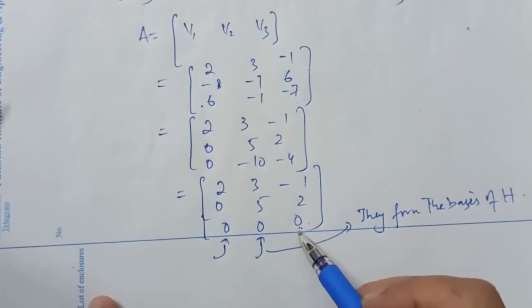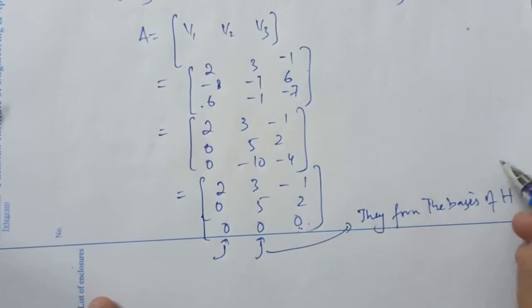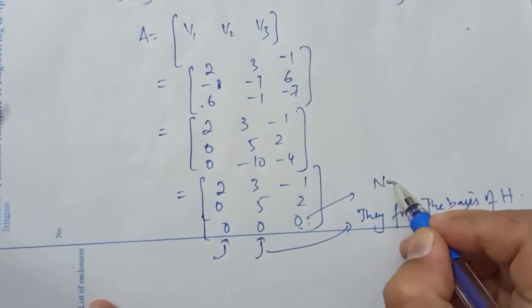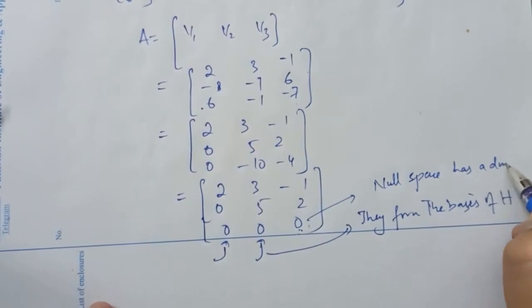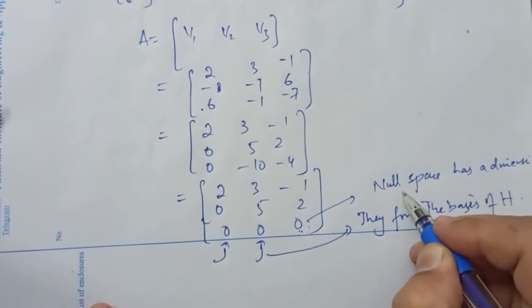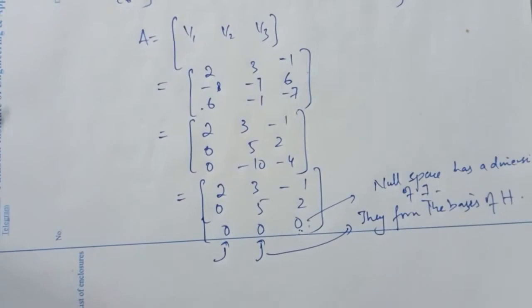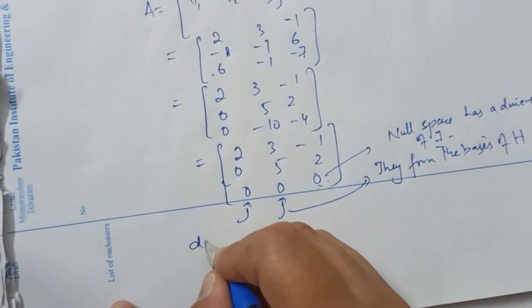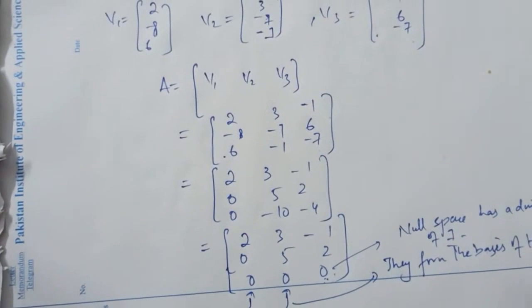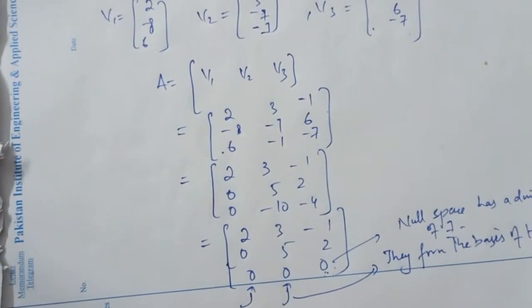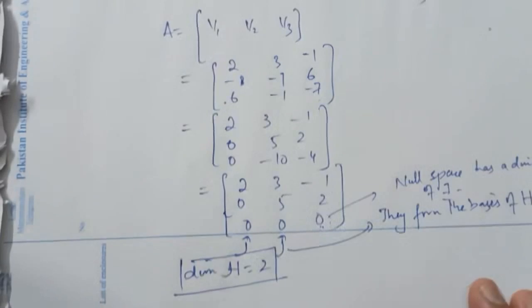So the null space has a dimension of 1. So we can say the dimension of H spanned by the vectors v1, v2, and v3 is actually 2.